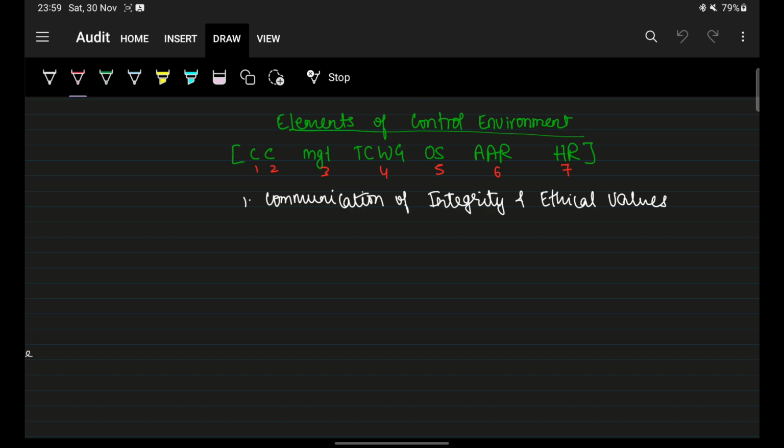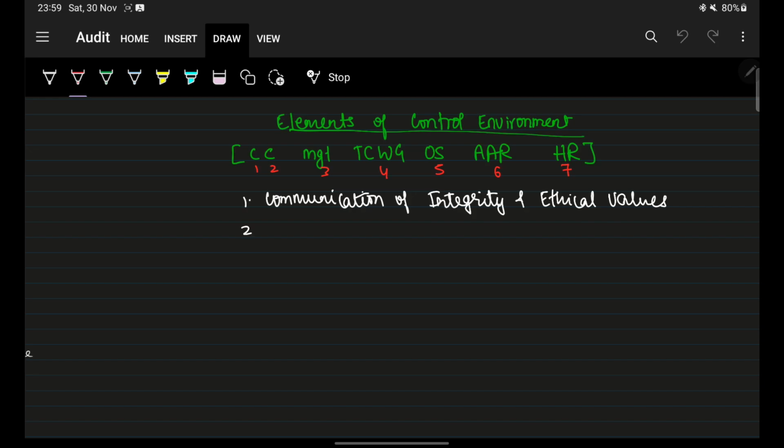Okay, CC, MGT, TCWG, OSRHR. Okay, what are we saying right now? So if you remember this acronym but you don't know what it's for, it's not going to be of any use, right? So elements of control environment is CC, MGT, TCWG, OSRHR. Okay.